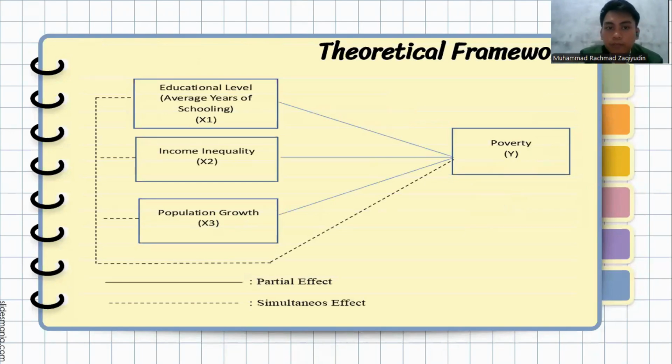This is my theoretical framework: educational level has a significant effect on poverty, income inequality has an effect on poverty, and population growth has an effect on poverty. And this line shows the effect of correlation on a variable, which has a partial effect and simultaneous effect.